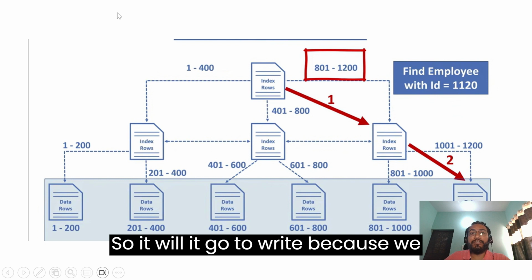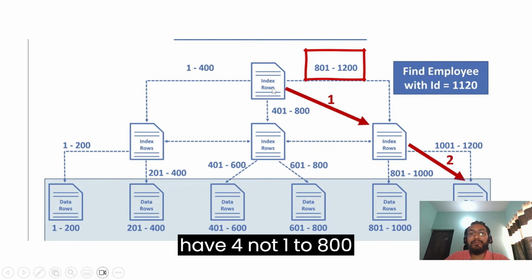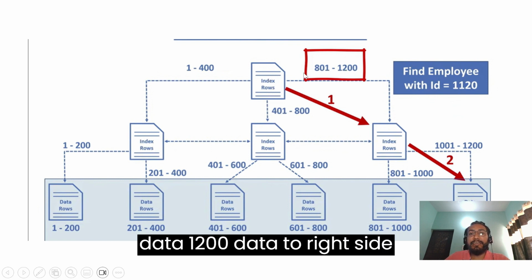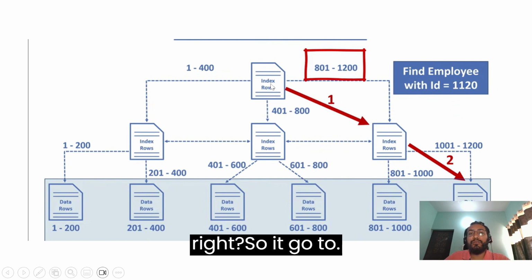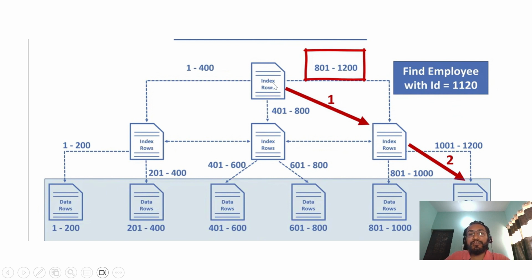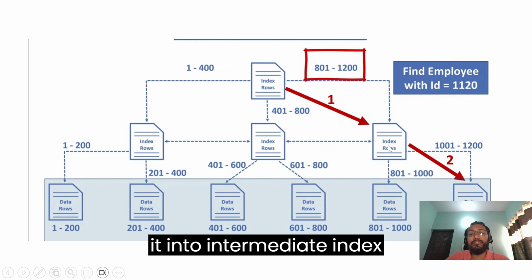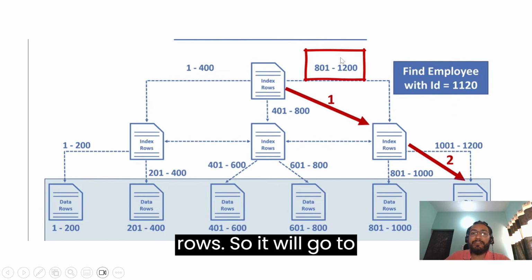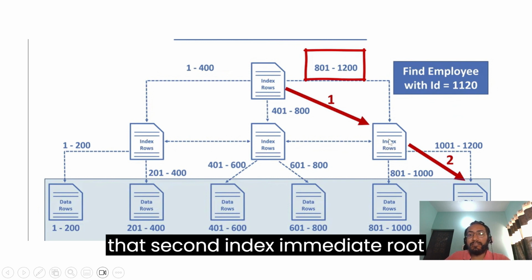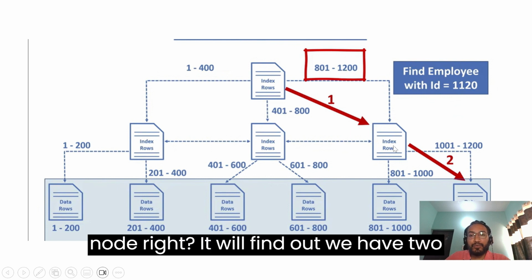So it goes to the right because we have 401 to 800 data, and 1200 data on the right side, right? So the SQL index row decides to go to the right, and once it goes right, the data is again sorted into intermediate index rows. So it will go to that second intermediate node, right?